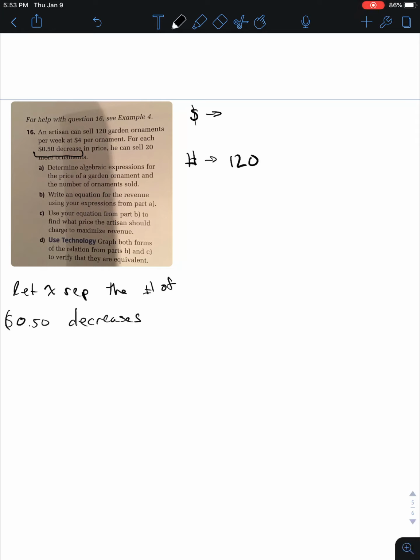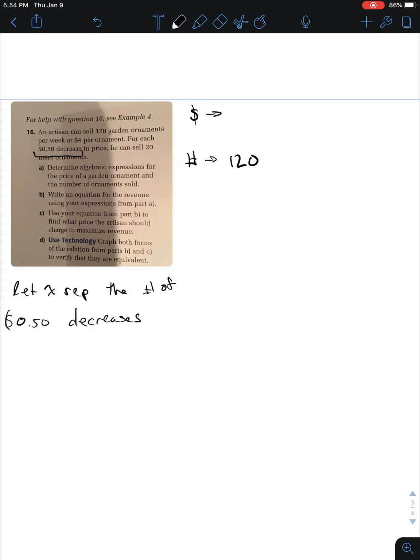Forget about the fact that it's 50. X is representing the number of them. If I decrease the price twice, then I've decreased the price by $1. So just forget about the fact that it's 50 cents. That's not going to affect your equation.